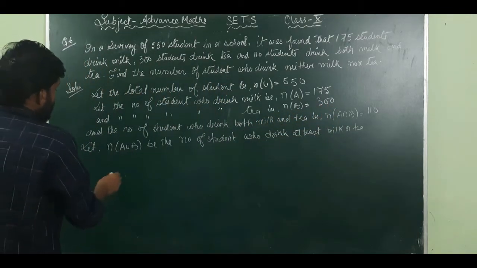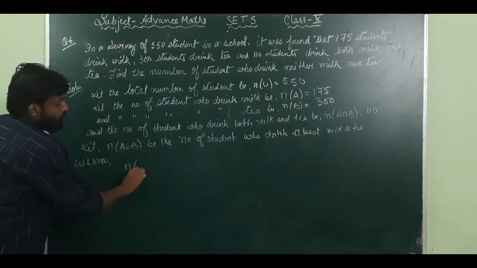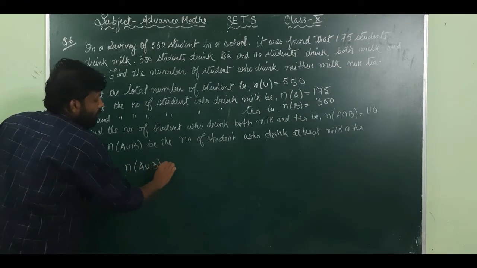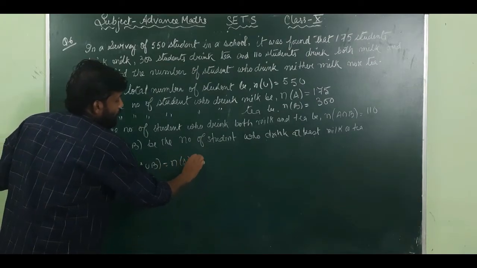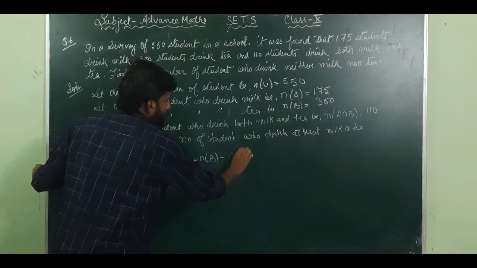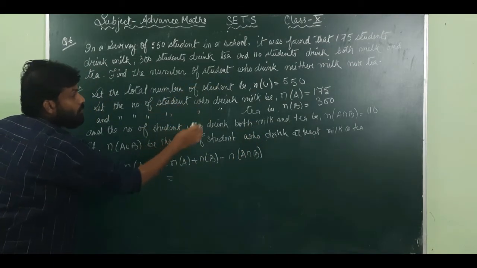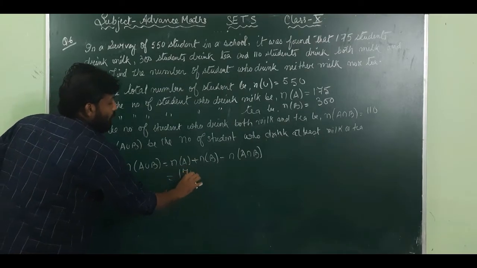So now first of all, if we use the formula, we know n of A union B is equal to n of A plus n of B minus n of A intersection B. So n of A, according to the question, how much is given? 175.